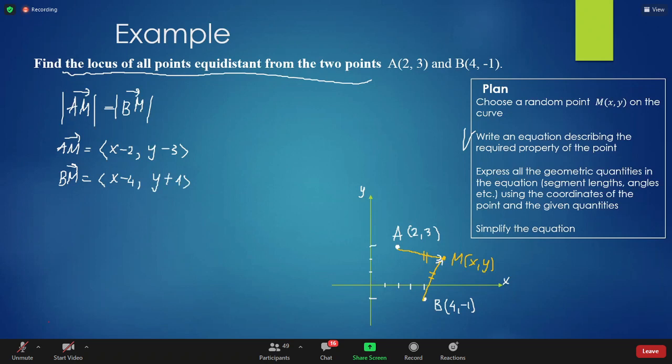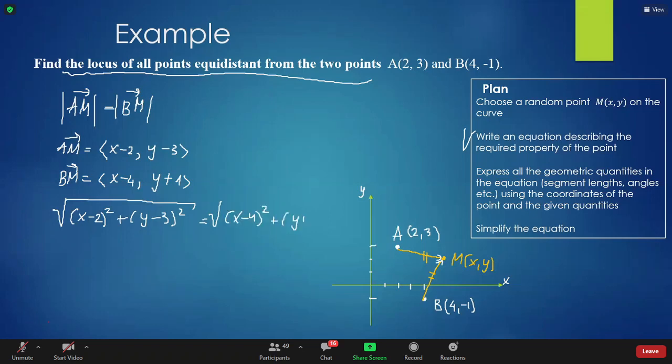So formally, I should be writing the coordinates of the vector AM squared and added. Remember, the magnitude of a vector is the square root of the sum of the squares of its coordinates. And similarly, the magnitude of BM will be the first coordinate squared plus the second coordinate squared, and then taking the square root.